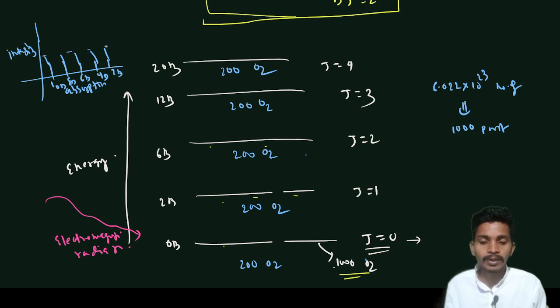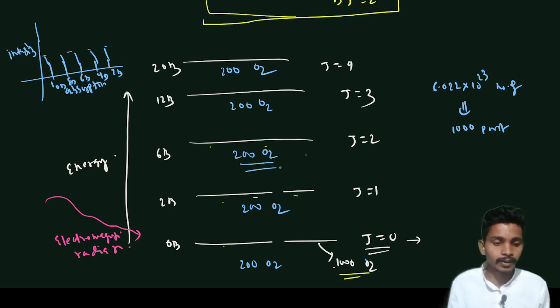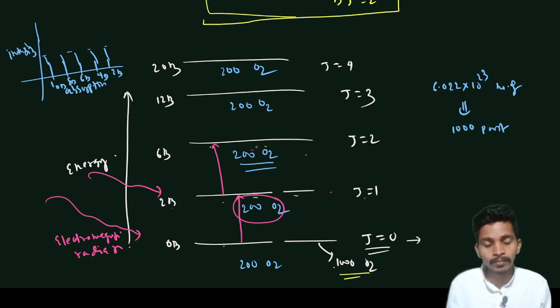If you give electromagnetic radiation, the whole 200 will shift to the higher energy level, and again the whole 200 will shift to the next level. So the 200 O2 particles go from j equal to 0 to j equal to 1, and equal numbers shift everywhere, meaning the intensity will be the same.